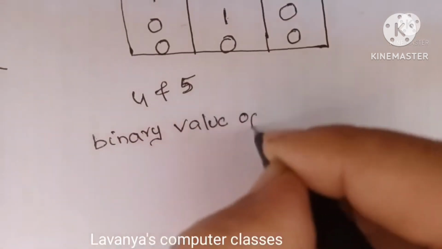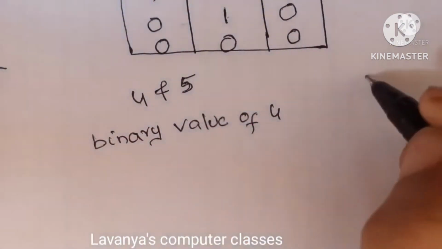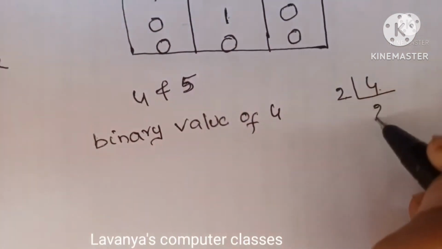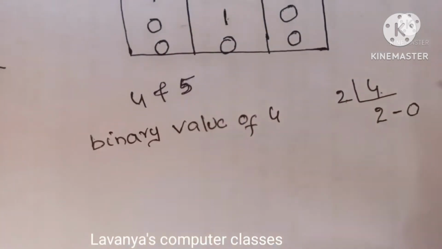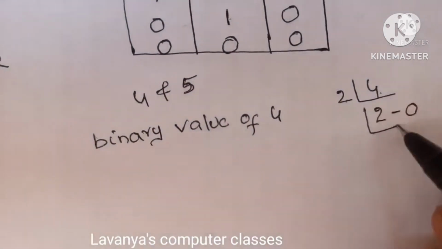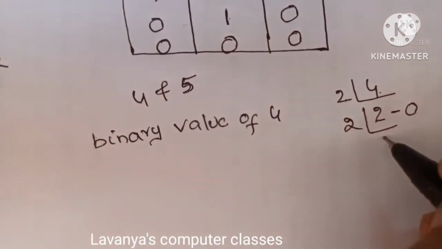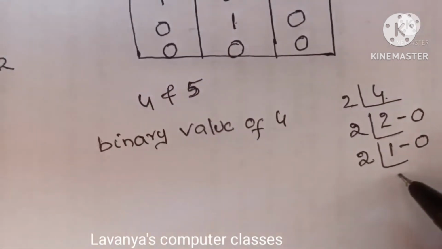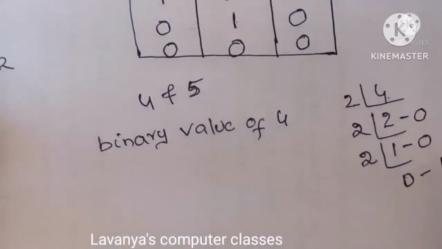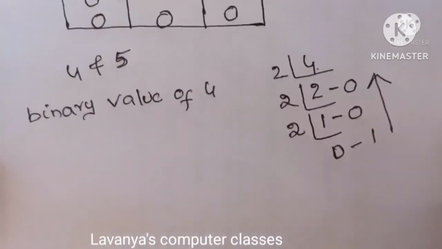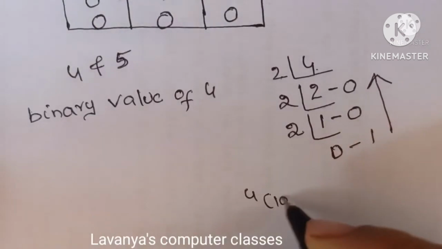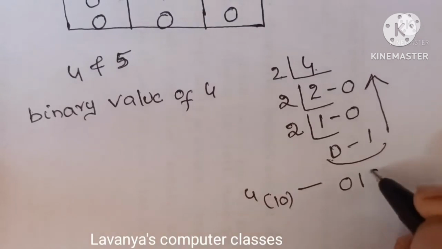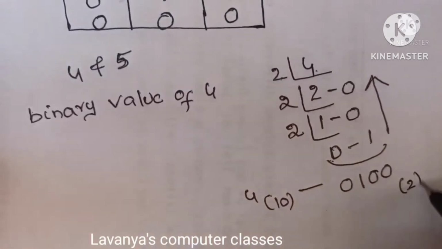We divide by 2. 2 twos are 4, remainder 0. Again 2 ones are 2, remainder 0. It is not possible to divide 1 by 2, so we write 1 there. Write the remainders from down to up: 0, 1, 0, 0. So this is the binary equivalent of 4.